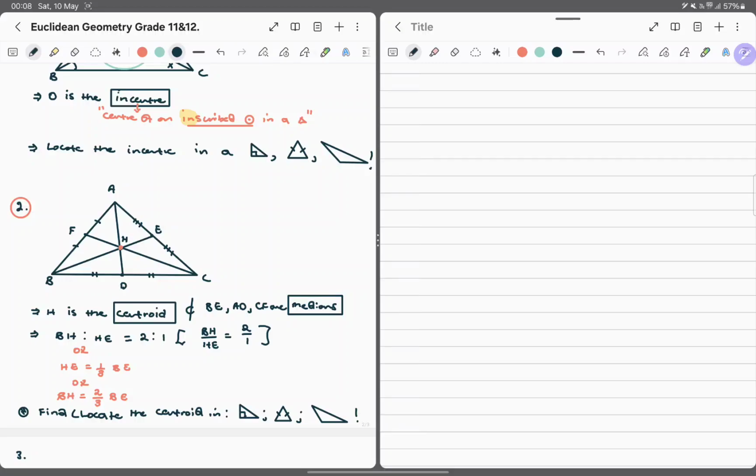So please know these concepts, know these definitions, know these terminologies, because they will haunt you if you do not know them. So we talk about medians. So we simply say medians of a triangle are concurrent at a centroid. Now this may hold different positions, because it's not exactly at some kind of a center.